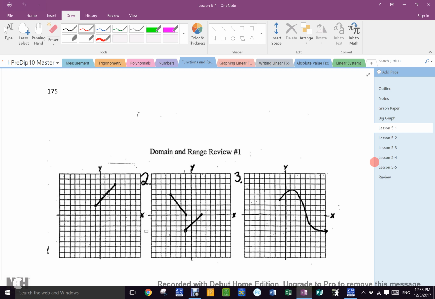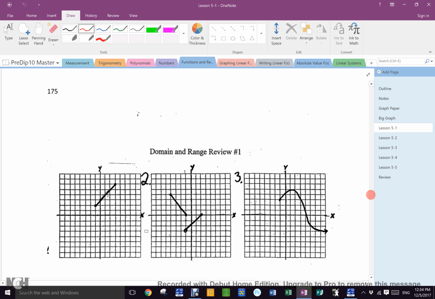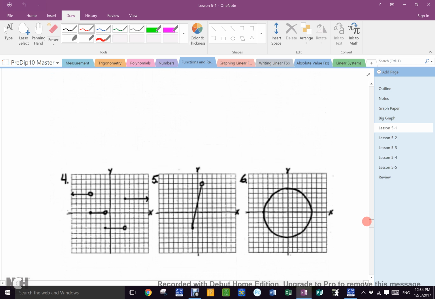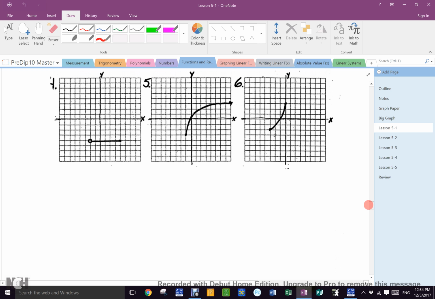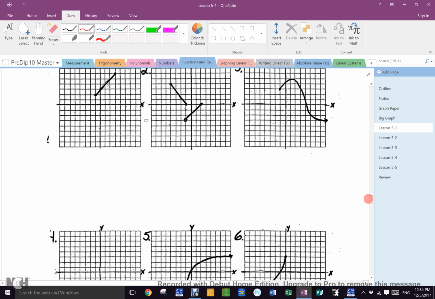Okay, so here's what I want you to do. I want you to do the domain and range in set or interval notation. Your choice. Some of them you're forced to use one or the other, right? Otherwise, make sure you can do some of both.